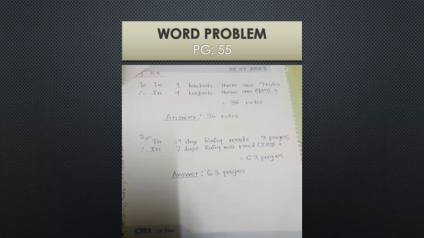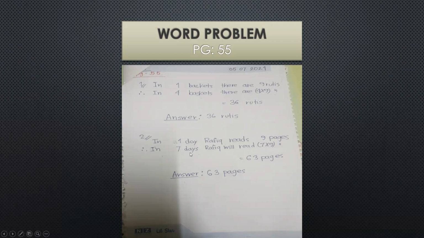We have to find the number of rotis, so we place the number of rotis on the right side, and the other number on the left side. In one bucket there are 9 rotis, so in 4 buckets there are 4 into 9 equals 36 rotis.